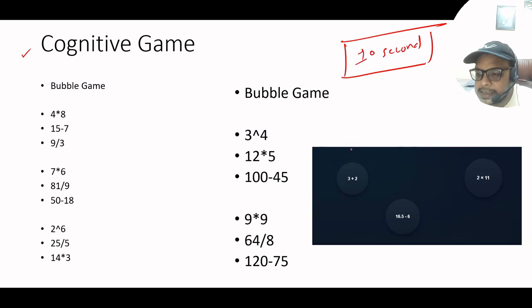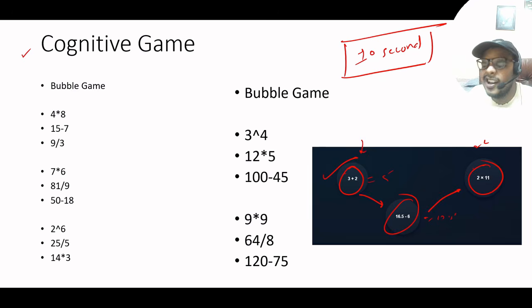This is a sample question in which you can see 3 equations. The value of this one is 5, this one is 10.5, and this one is 22. So the smaller value is this one, right? First we will click here, then here because this is a higher value, then here because this is the highest value.